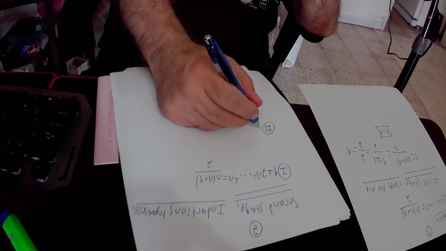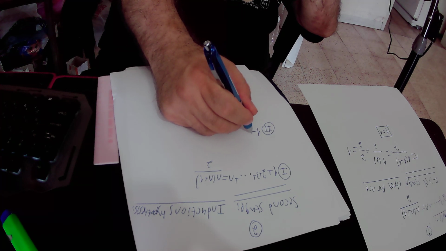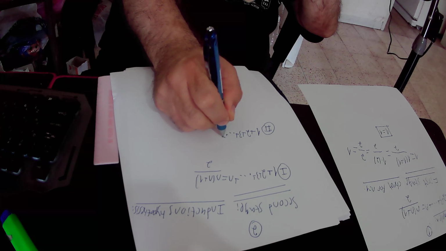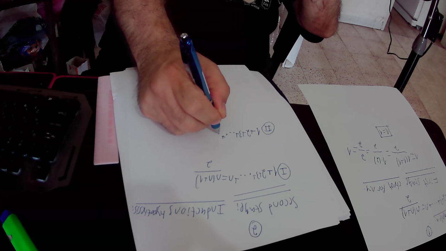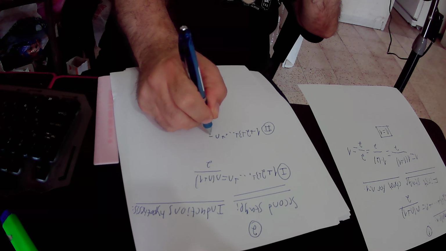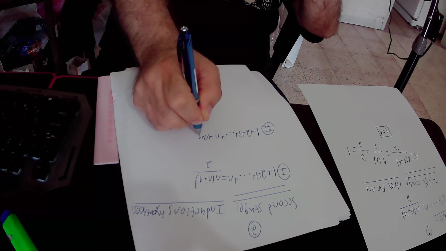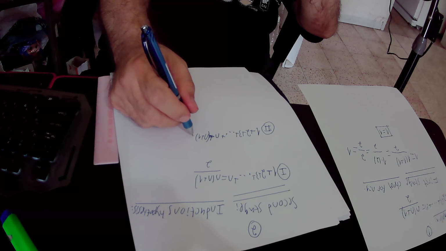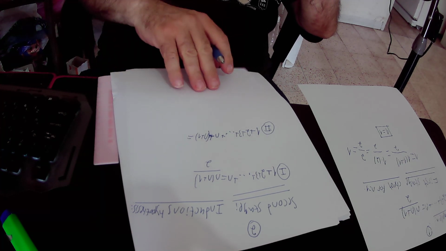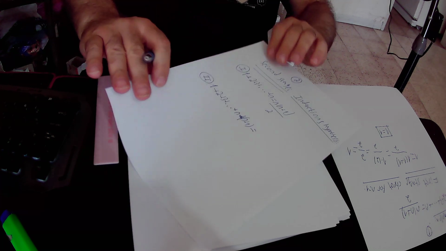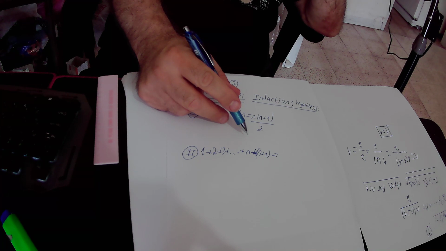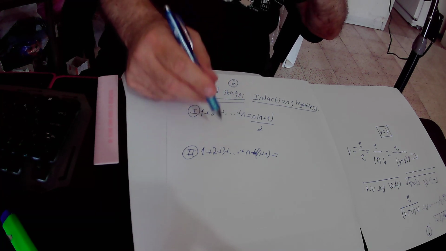Okay, so the expression for n plus 1 will be 1 plus 2 plus 3 plus ... plus n plus n plus 1. Yes, we will also have to add n plus 1, because this expression is for n plus 1. In this side of the equation we will have to add numbers until n plus 1, that includes also n plus 1.